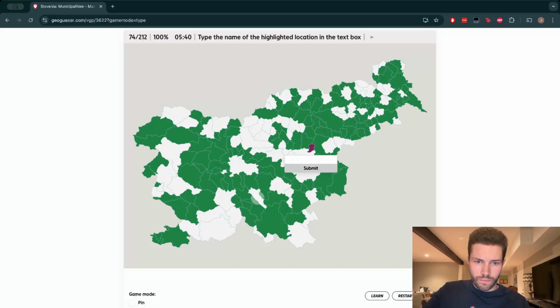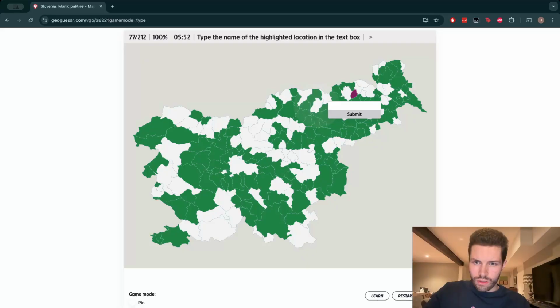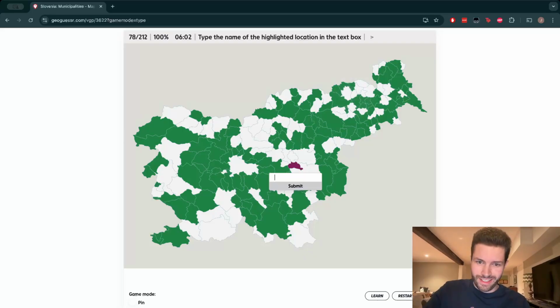Dobre Polje. Štore. Bled. That's Lovrenc. Snagohorju. Oh my goodness. You are Sveti Juri v Slovenských Goricach. Some of them have quite crazy names. This is Radeče.